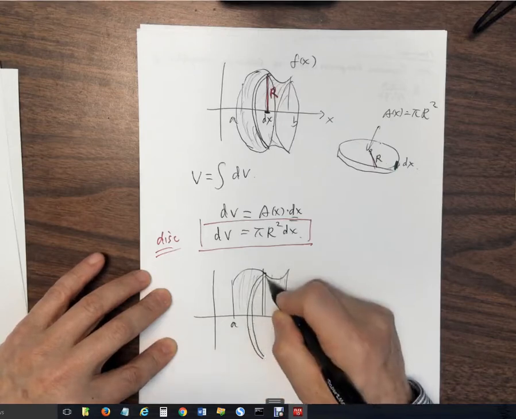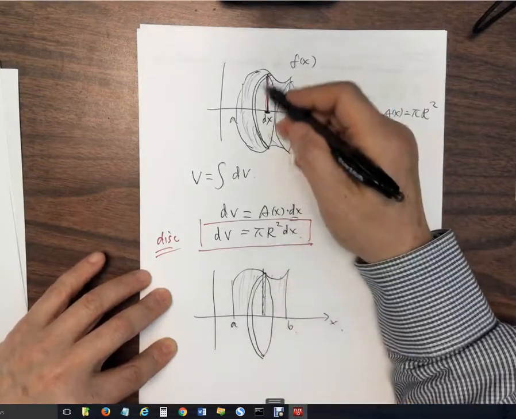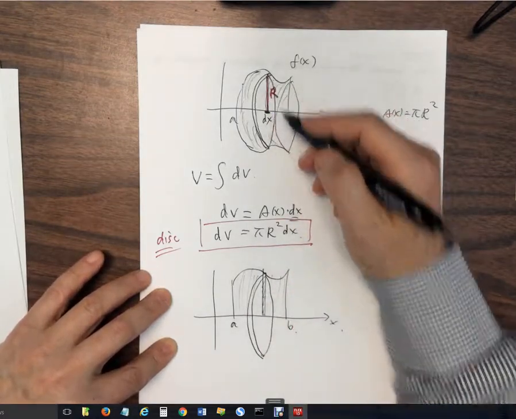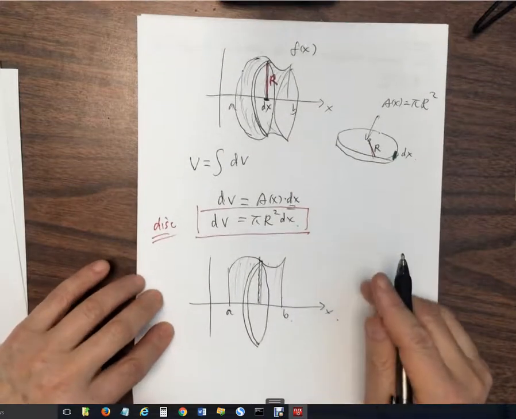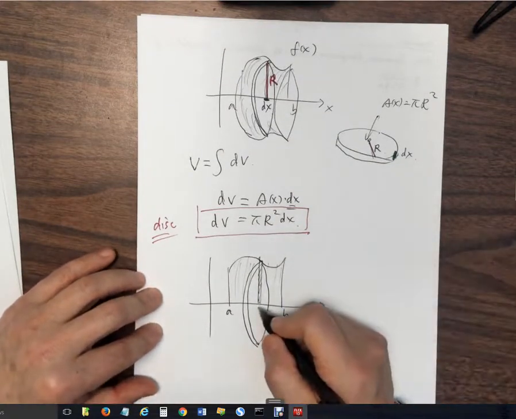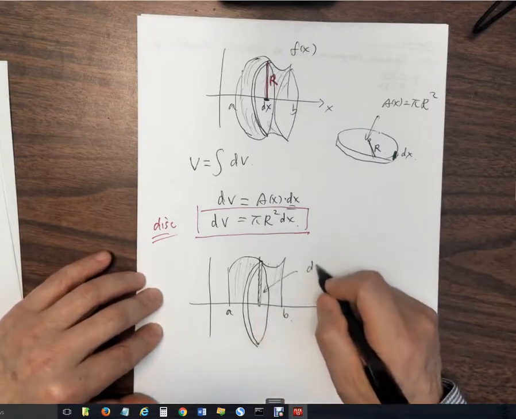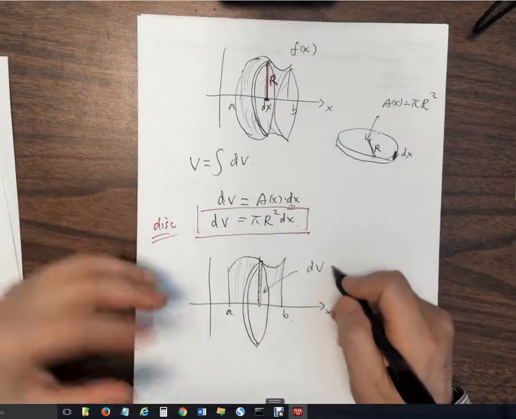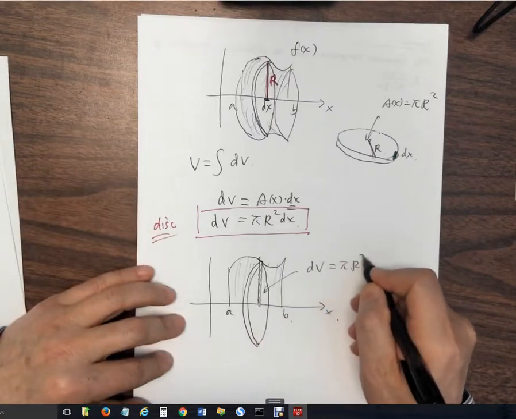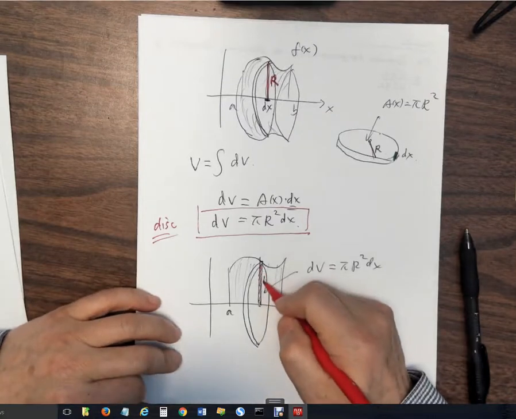Each strip. You can see the revolution of this strip would generate the same disk as we got here. So the order is different, but the result is the same. So once we get a representation for the volume of this slice, which is the same, pi r squared dx. This is again the same r.